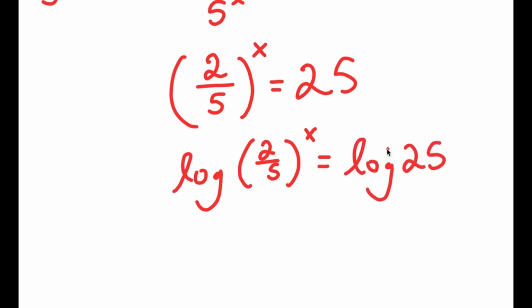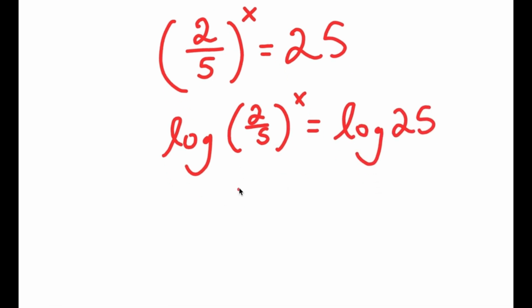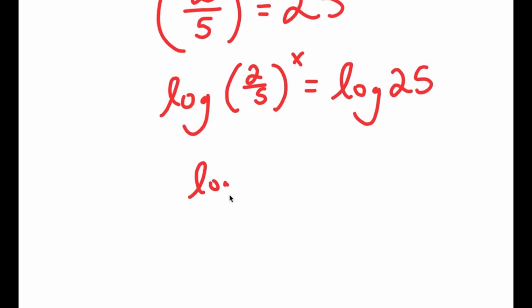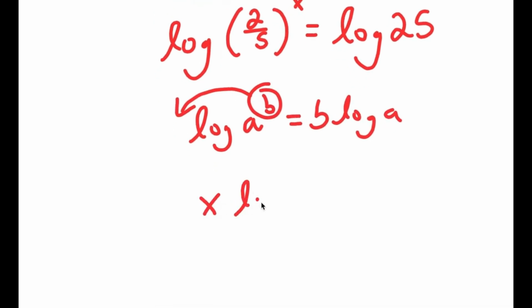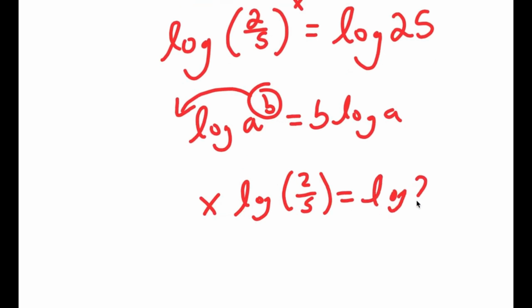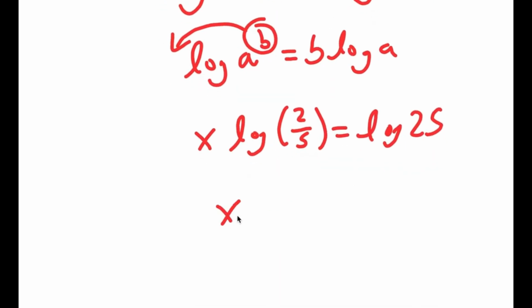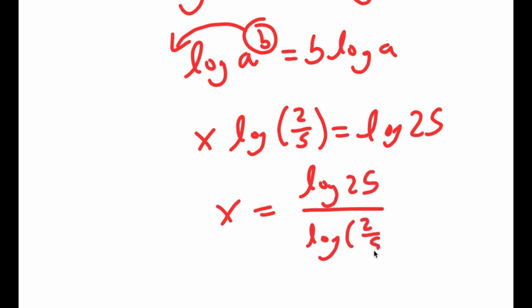And the reason I did this is because I can use the property that states that if I have something in the form log a to the power of b, I can move this exponent b to the front. So it's going to equal b times log a. So in this case, I have x times log 2 over 5 is equal to log 25, meaning x is equal to log 25 over log 2 over 5.